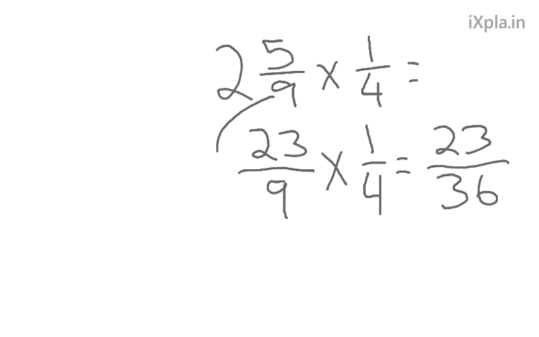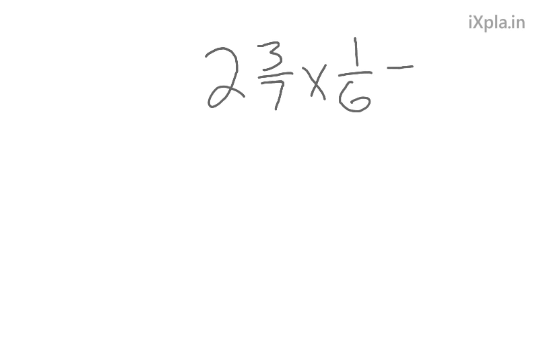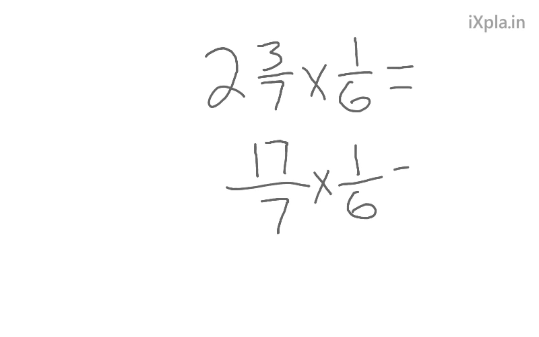All right, let's look at D. 2 and 3 over 7 times 1 over 6. 2 times 7 plus 3 is 17 over 7. And then we just bring down the rest, the multiplication symbol, the 1 over 6, and the equal sign.